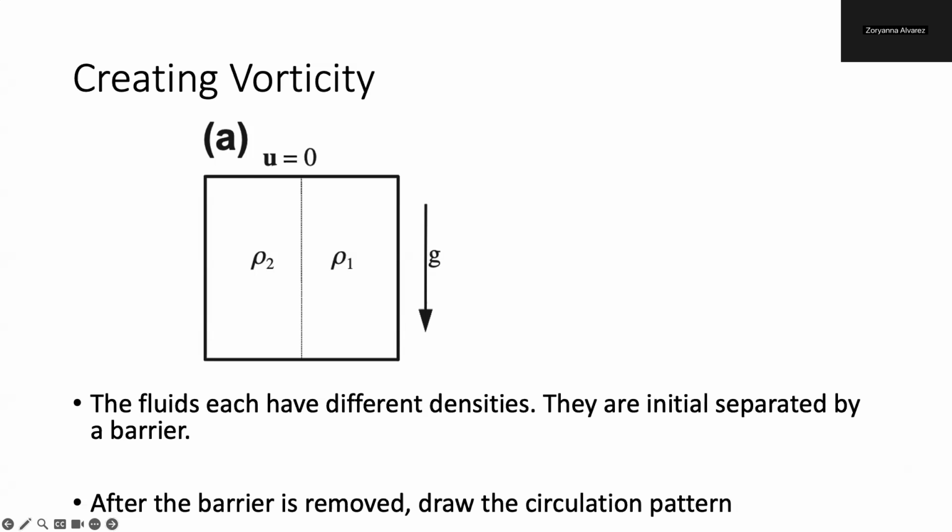On the left-hand side, you have two densities. And I don't really care if rho 1 is bigger than rho 2. You can do it however you want. Let's say that the entire fluid is at rest, and there is some boundary that separates them. That's the dotted line that I put in here.